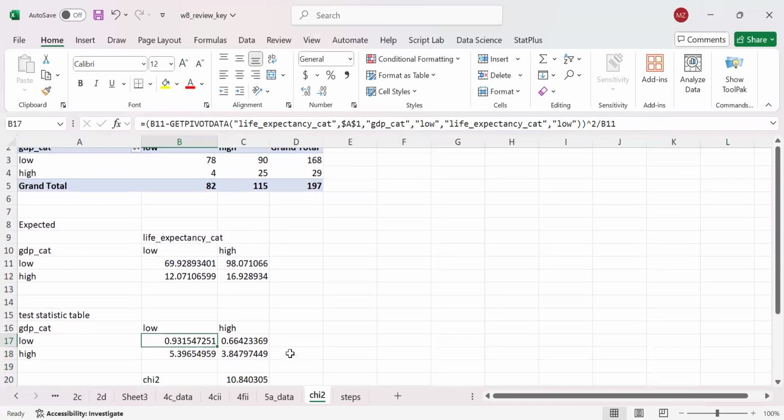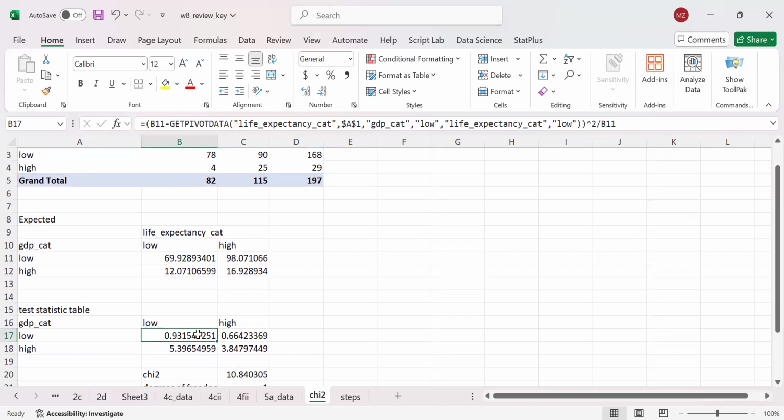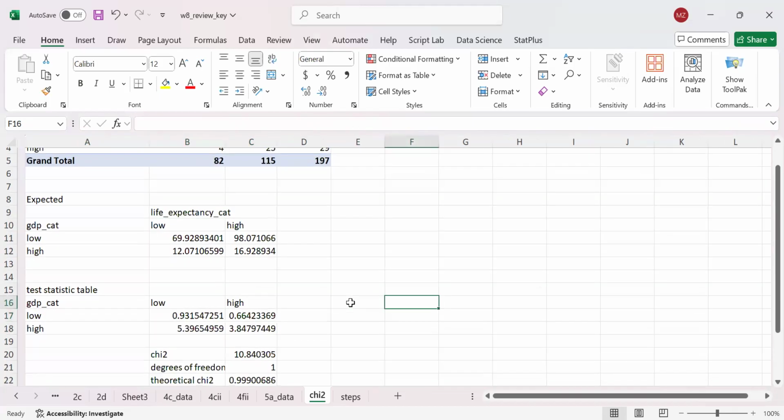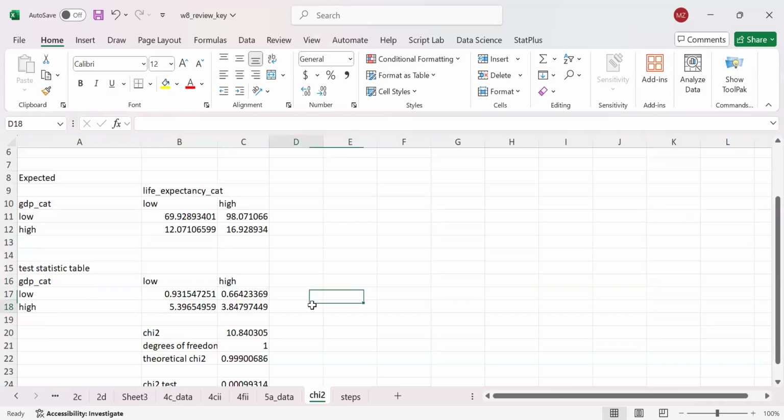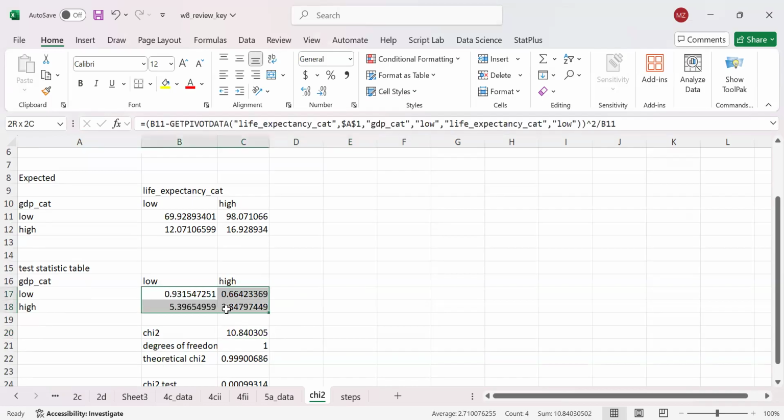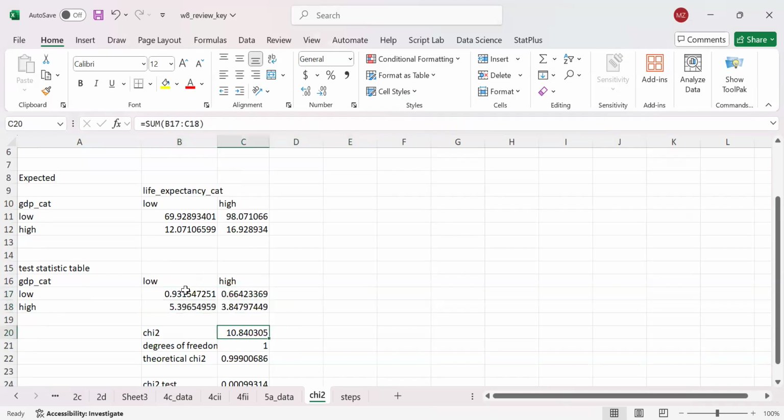So you calculate this for all four numbers, and if you sum them up, you're going to get your actual chi-square, the observed chi-square. In this case, you sum all of these four values, and you'll get 10.84.